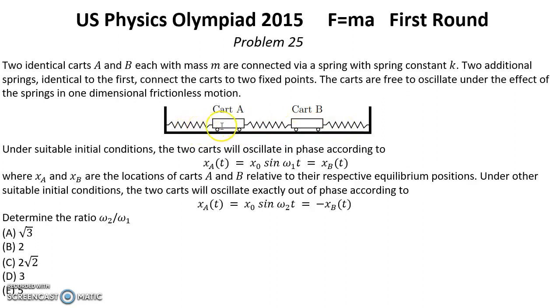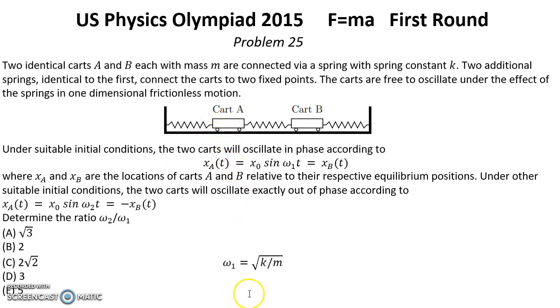It means that on card A we have only the force from a spring with constant k, and omega-1 equals the square root of k over m, and the same omega-1 is for card B, so that will be the common omega for both cards.